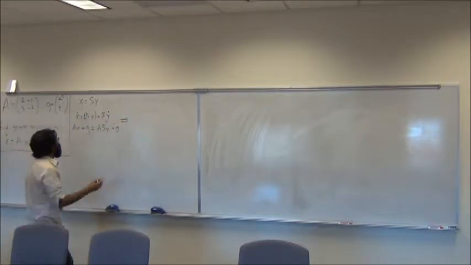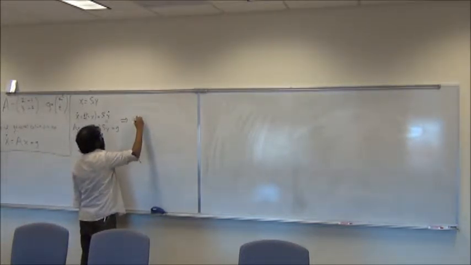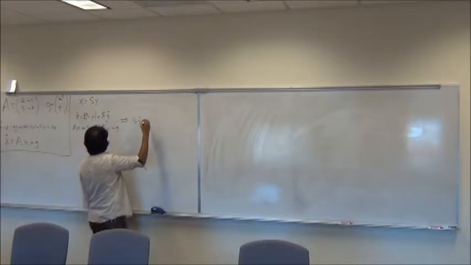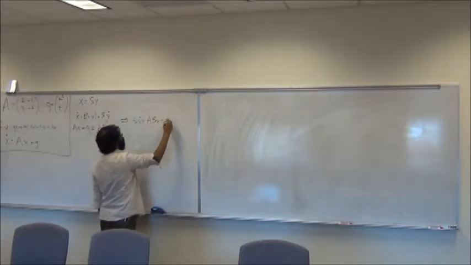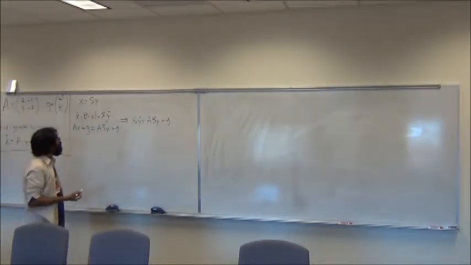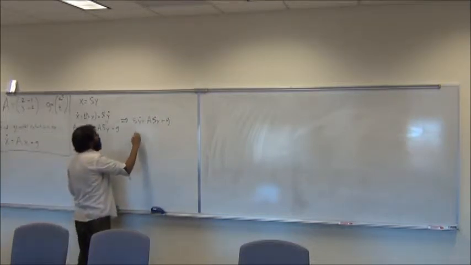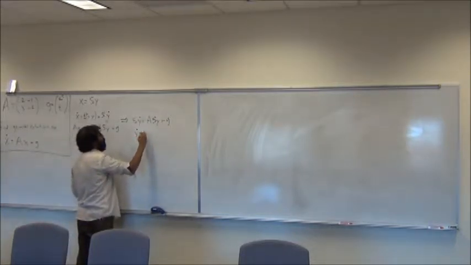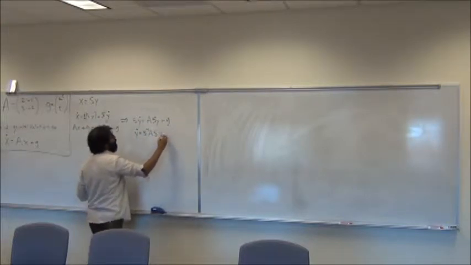And so what that gives us is that S y dot equals A S y plus g. And we're going to pick S so that S is non-singular, so that it has an inverse, which means we can write this as y dot equals S inverse A S y plus g.